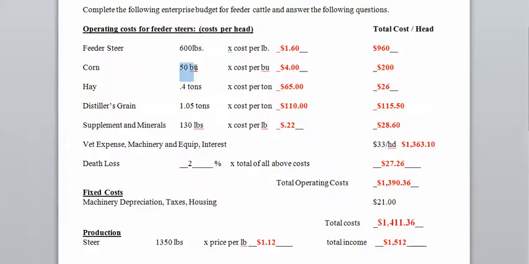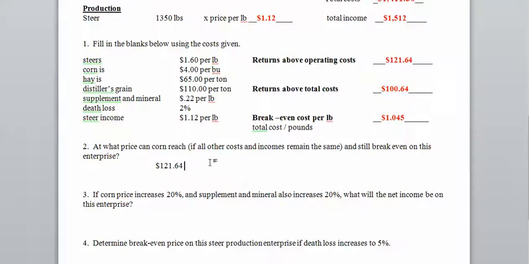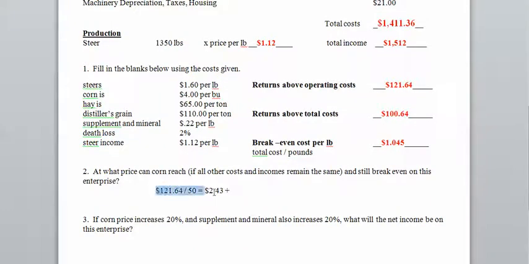Okay, well, we're going to use 50 bushels of corn. Right now it's $4. But how much more can it go up? We just simply take our profit that we have, divide that by the number of bushels, and it will give us the increase in price per bushel. That's $2.43. So that would be a $2.43 increase per bushel that we could take on.